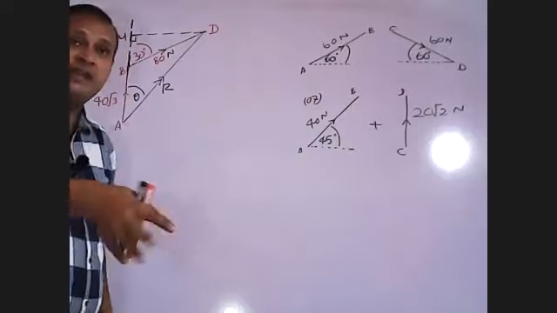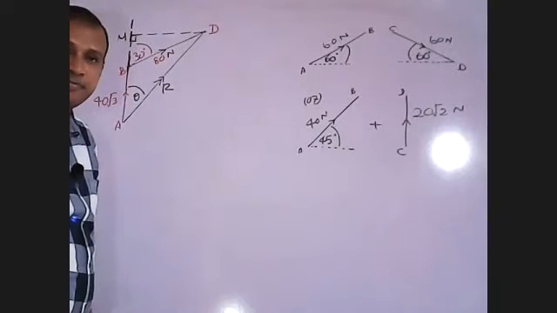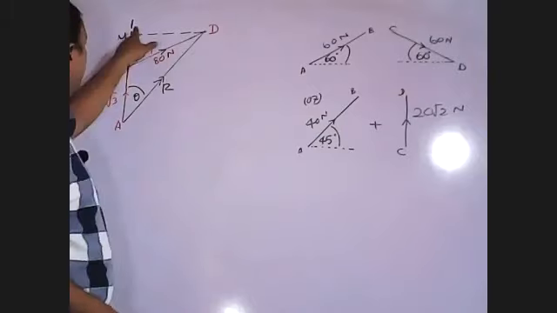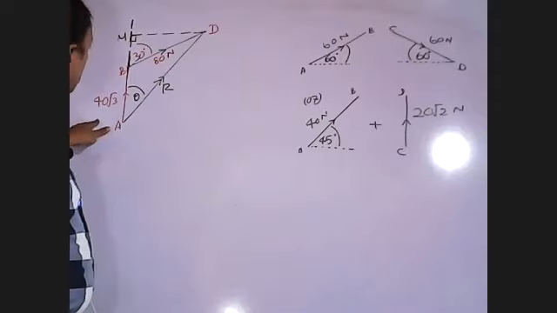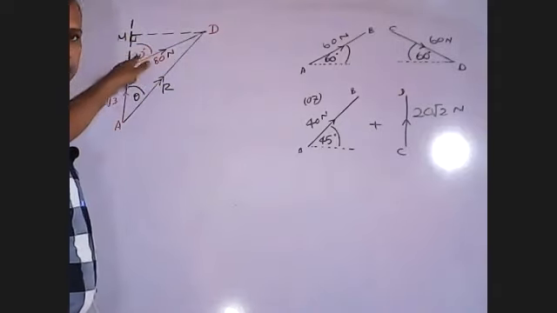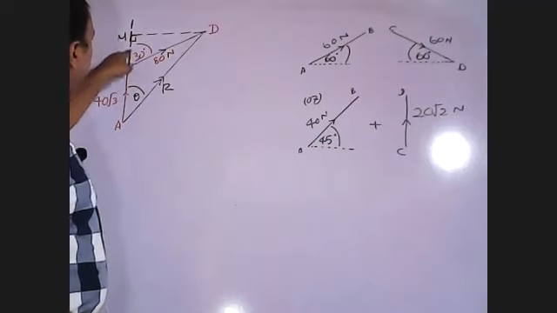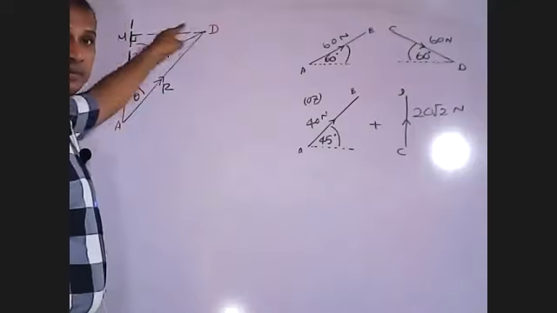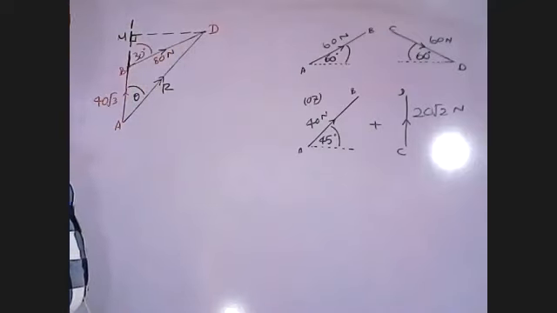Then you have to find the value of MD and AM. To find AM and MD, you have to have the value of MD and BM. To find MB and MD, you have to use this small right angle triangle.